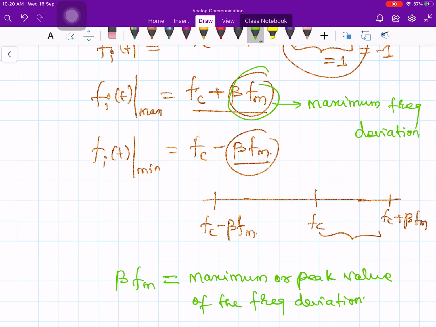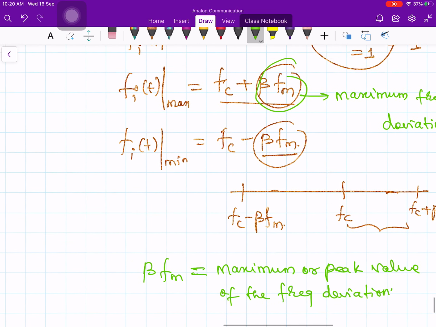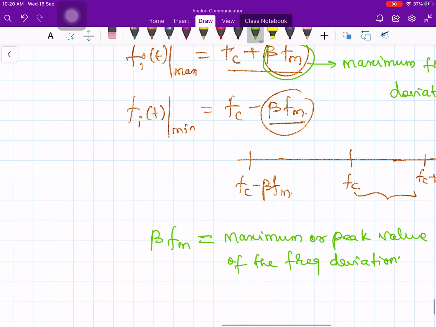That is what your modulated signal will exhibit.